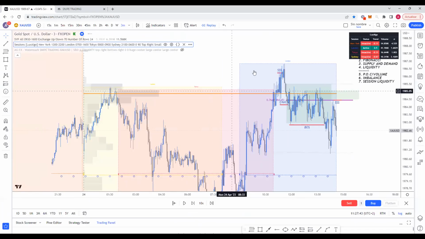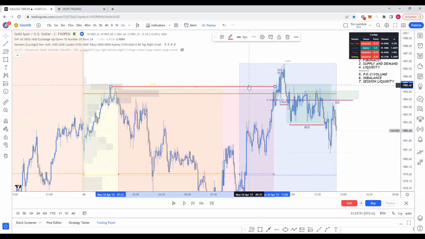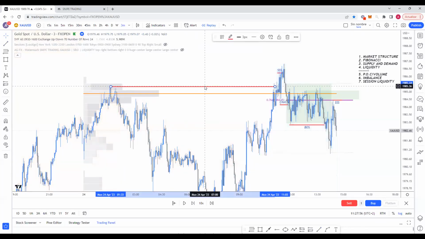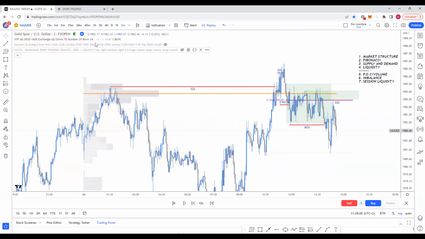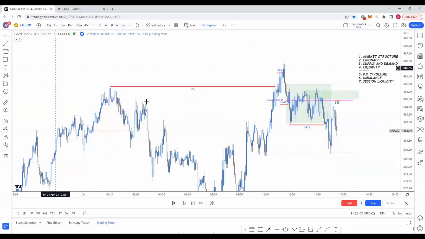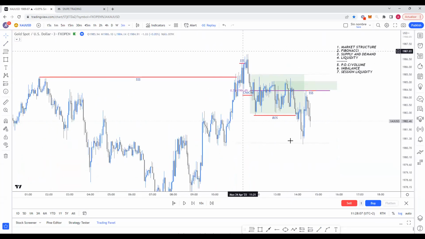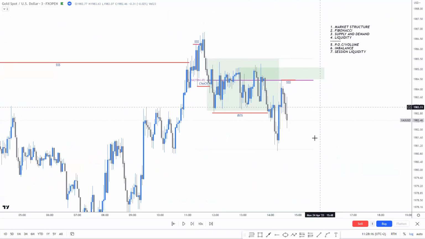Although, actually, we did have session liquidity, sorry, because price had swept the Asian high, which means we do have session liquidity. Remember, looking for setups after session liquidity has been taken is also valid. So we had 5 of the 7 confluences to trade from this zone.